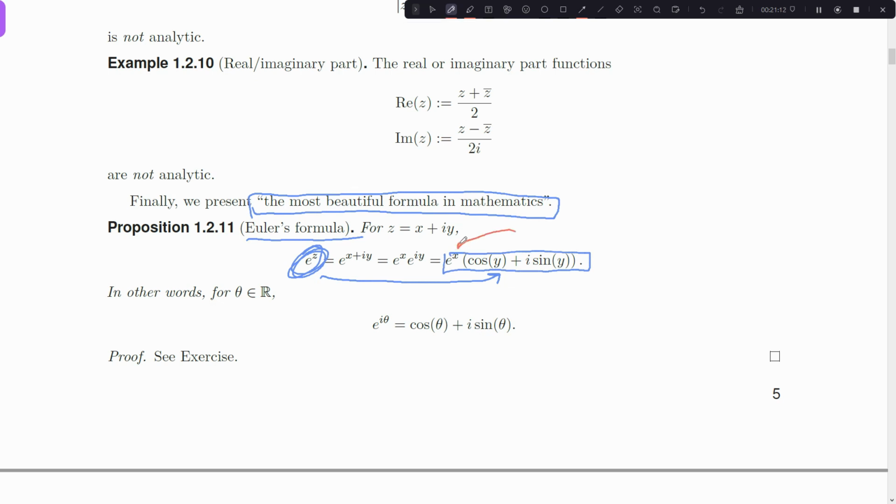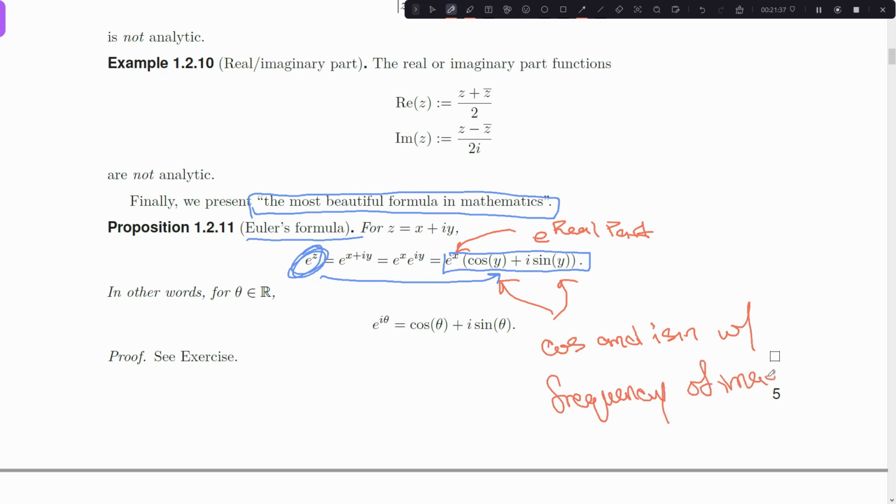We have e to the real part, and then we have cosine and i sine, sine with frequency of the imaginary part.